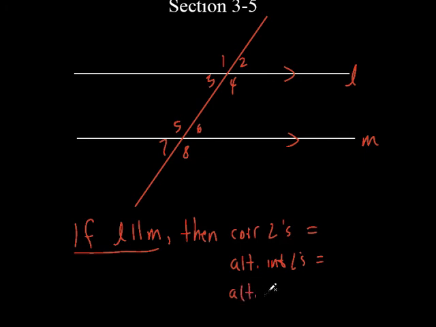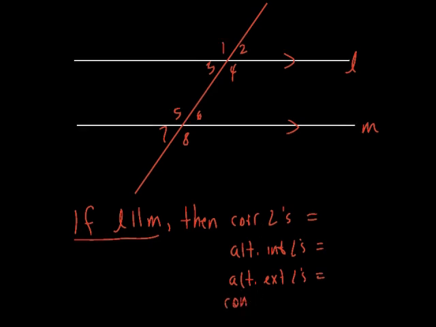The alternate exterior angles will be equal to each other. And then the last one, we already got corresponding. It starts with a C, though. Consecutive interior angles are equal. Oh, no, not equal. I almost misspoke. I did that in my last class. Are supplementary, right. Okay, they add up to 180.